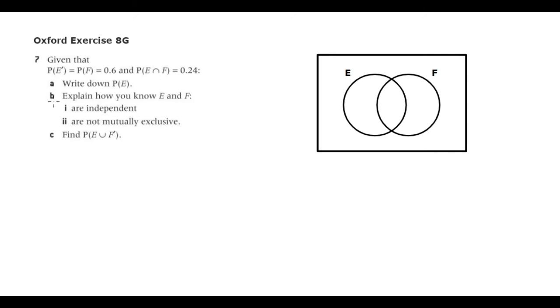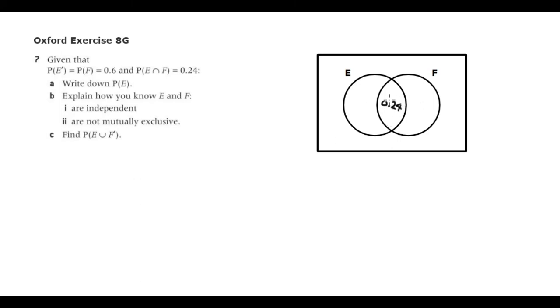So we have a couple of pieces of information here given. We were told the probability of the complement of E is the same as the probability of F, which is 0.6, and we know the probability of the intersection is 0.24. So before I do anything, I think I'm going to start organizing stuff here in my Venn diagram. So I'll try to get a tiny 0.24 in here, kind of sideways.